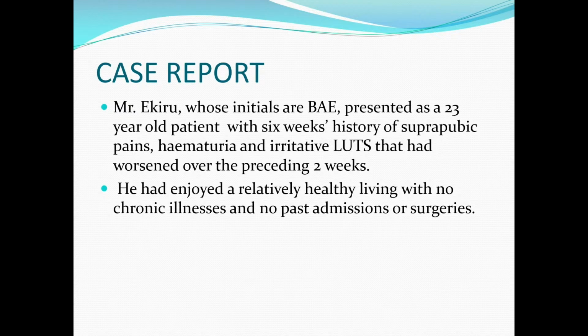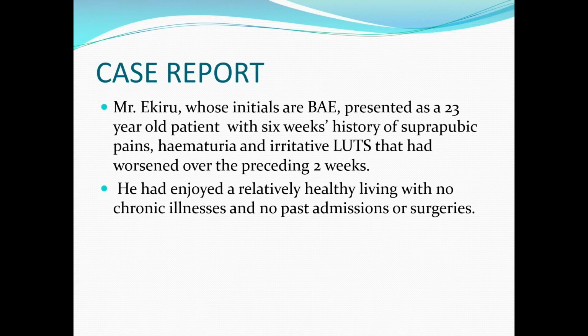The case report is about Mr. Ekiru, whose initials are BAE, which sounds like Bay. He presented as a 23-year-old male patient with a 6-week history of suprapubic pains, hematuria, and irritative LUTS that had worsened over the preceding 2 weeks.